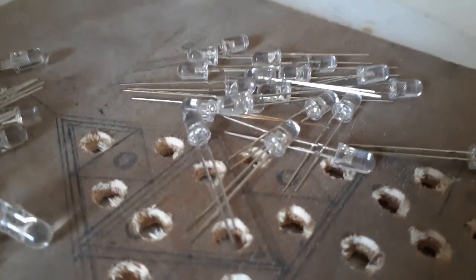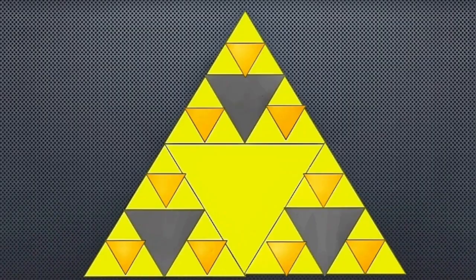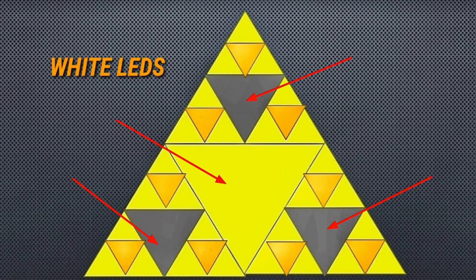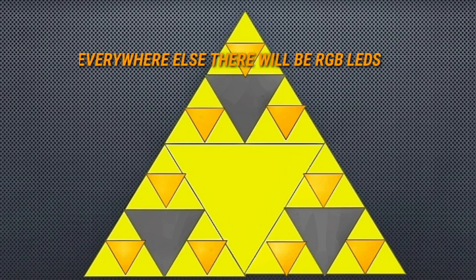So I took around 20 white LEDs. Now let's understand the scheme where to fit the RGB LEDs and where to fit the white LEDs. The white LEDs fit at the places where there are inverse triangles, whereas the RGB LEDs fit everywhere else. RGB LEDs cover the entire triangle except the inverse triangles.